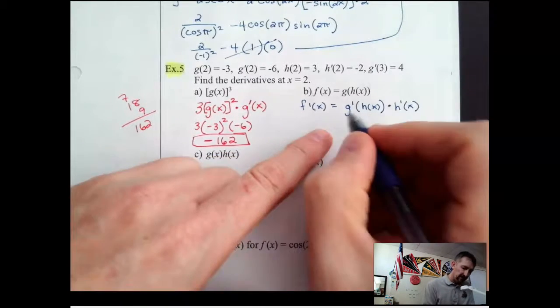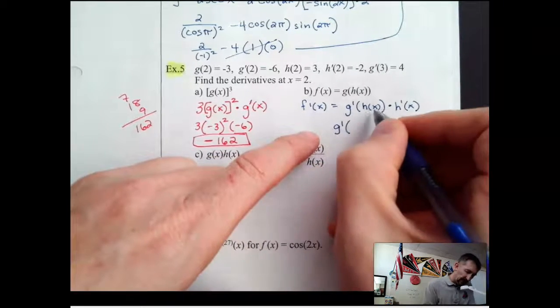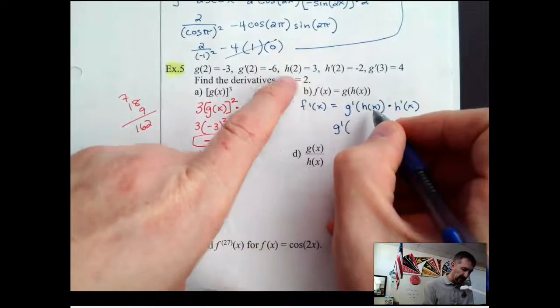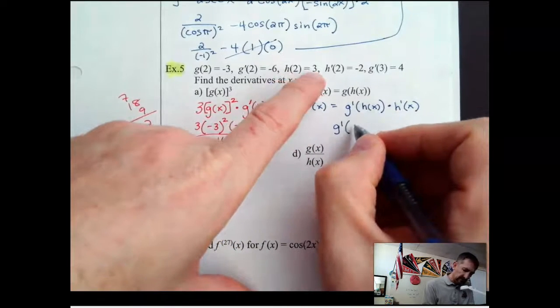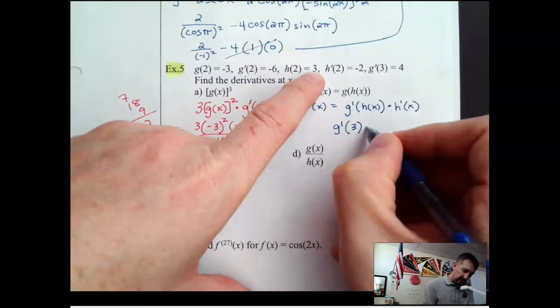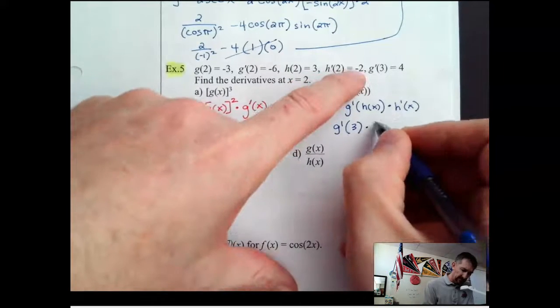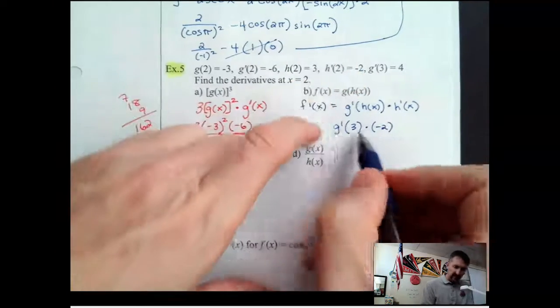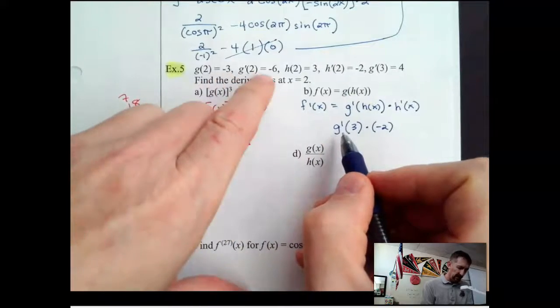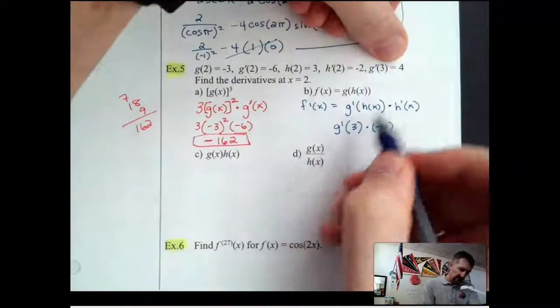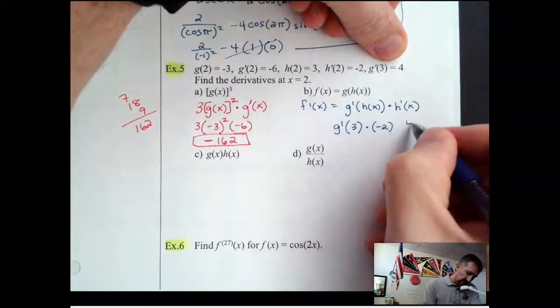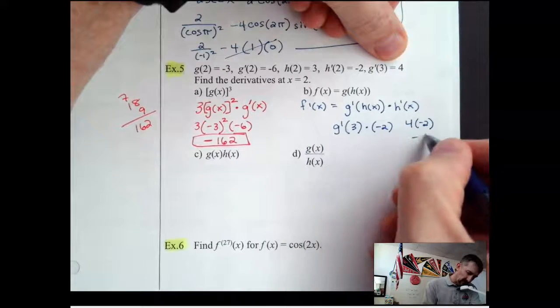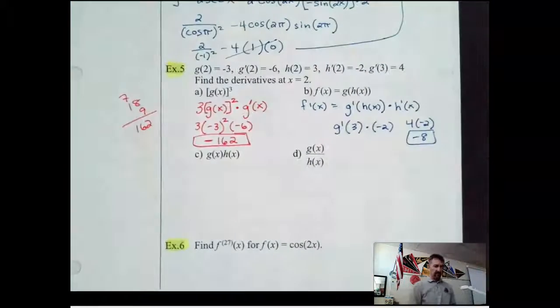So we have g prime of h of 2. h of 2 is right there, that's 3, and h prime of 2 is negative 2. But we still have g prime of 3, so I need to go back up here. g prime of 3 is down here, that's 4. So that's going to be 4 times negative 2. That's going to be negative 8. Okay?